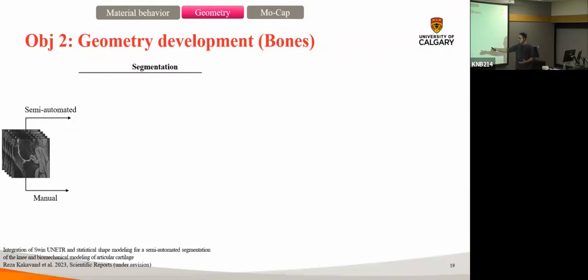So the ground truth would be the manual segmentation. And then we would add cartilages and meniscus to these bones. And we create a finite element model from semi-automated segmentation and another finite element model from manual segmentation. And we compare the mechanical results for these.